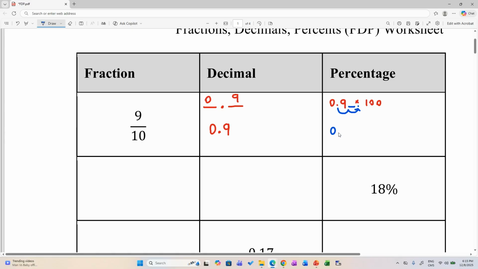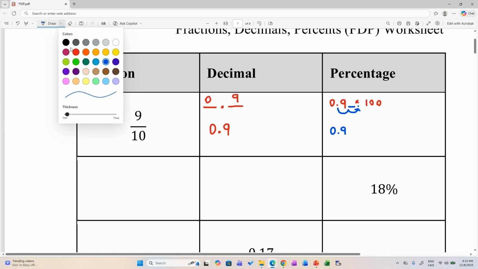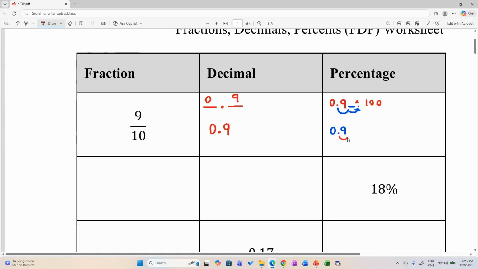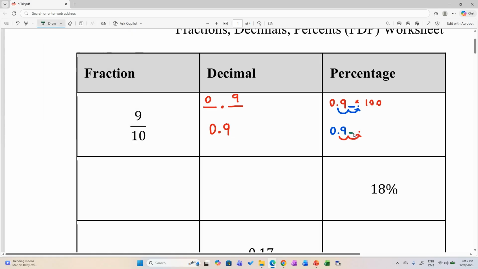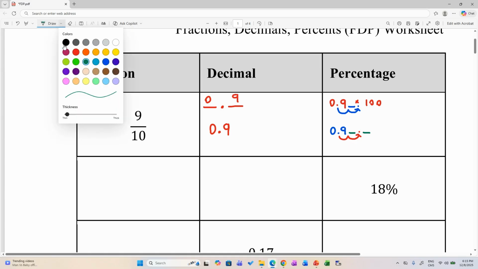So hence, I'll just make more room. 0.9 was originally here. I moved it 1, 2, I moved it over here. But there are place value holders here and here, and I'm going to have to add zeros there to take their place.